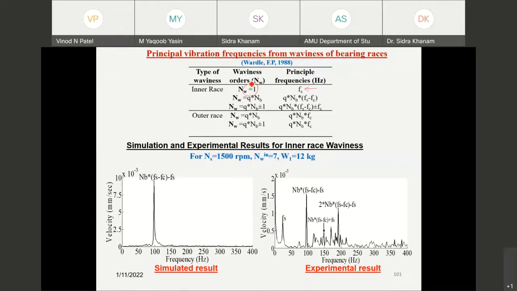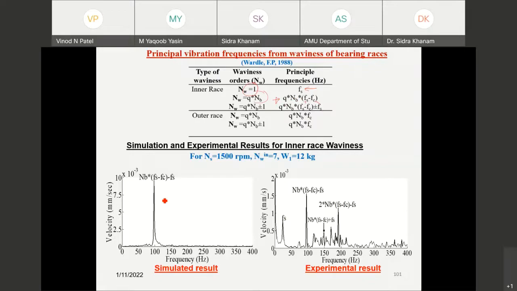But if the waviness order is a multiple of the number of balls, suppose one times the number of balls, two times the number of balls, then the defect frequency will move like Q into number of balls into Fs minus Fc. That is shaft rotational frequency minus cage rotational frequency, and the difference is multiplied with the number of balls.